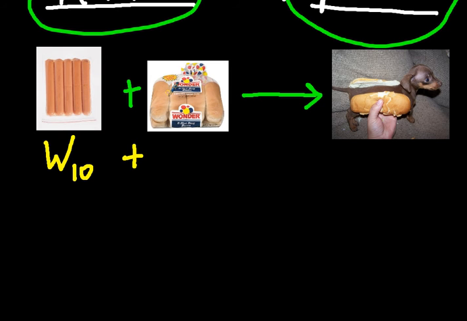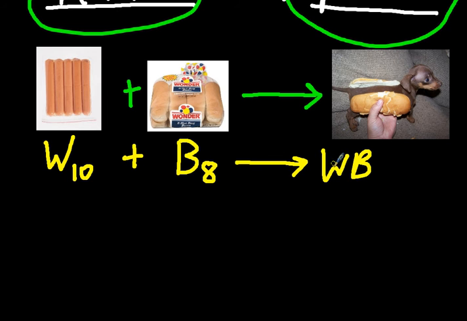Plus our buns, I'm sorry, there's 4 on one row, there's 2 rows, so there's 8. So we could do B8, because there's 8 in one package, so it has a subscript of 8. And that yields the combination of WB: 1 weenie and 1 bun for our hot dog.